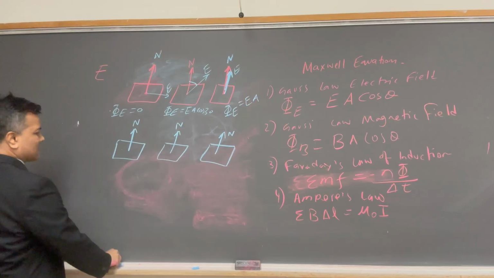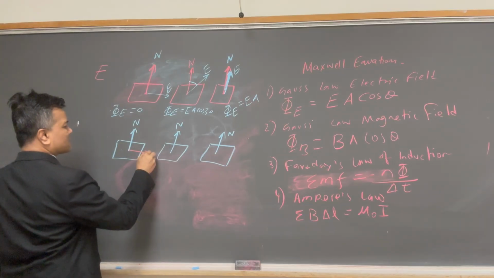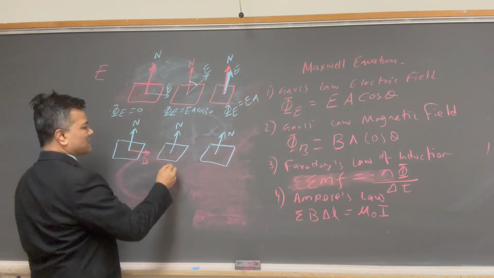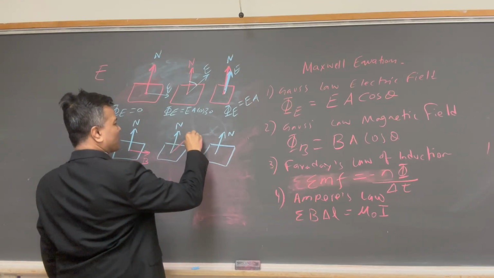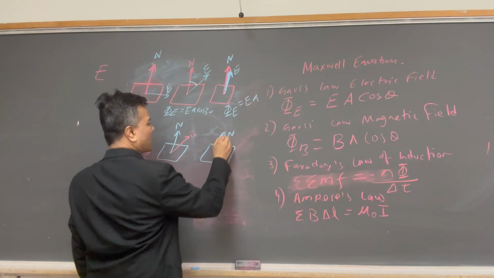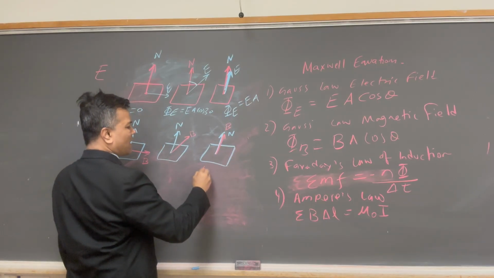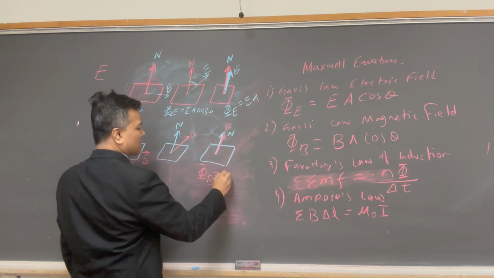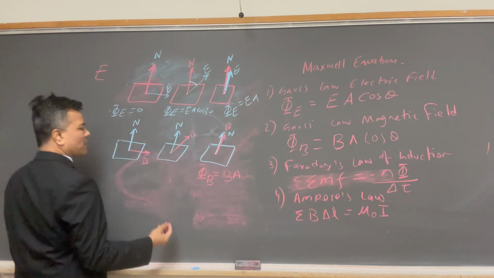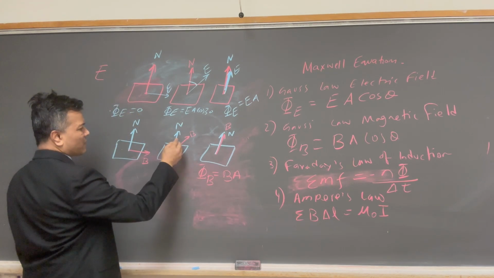On the other hand, you have the magnetic field: perpendicular, 45 degrees, and parallel. Magnetic field over here, magnetic flux would be 100%. Magnetic flux would be, I don't know, 45 degrees.